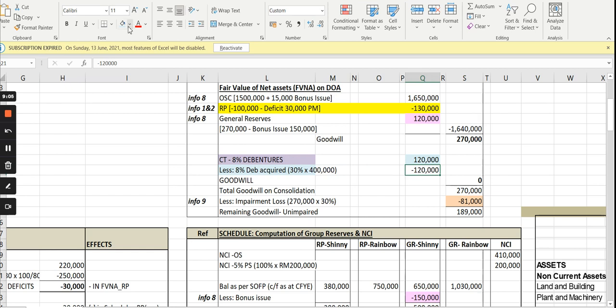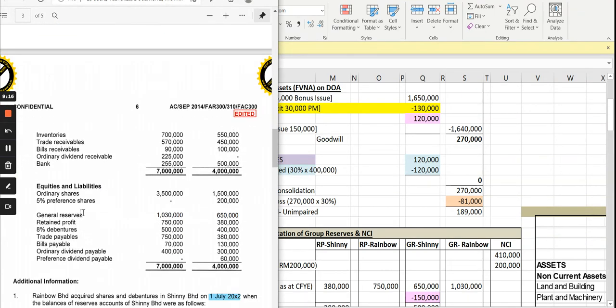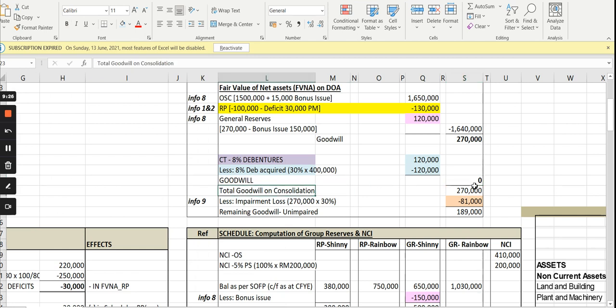Because of that, that will not give you any goodwill or bargain purchase. For the cumulative preference shares, even if you have the preference shares in the subsidiary, that is not acquired because all 200,000 belongs to the non-controlling interest.